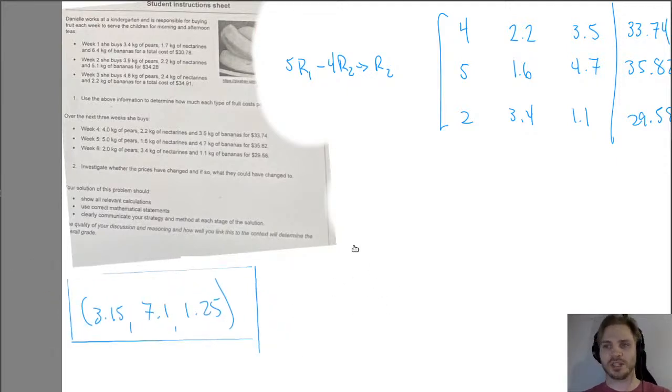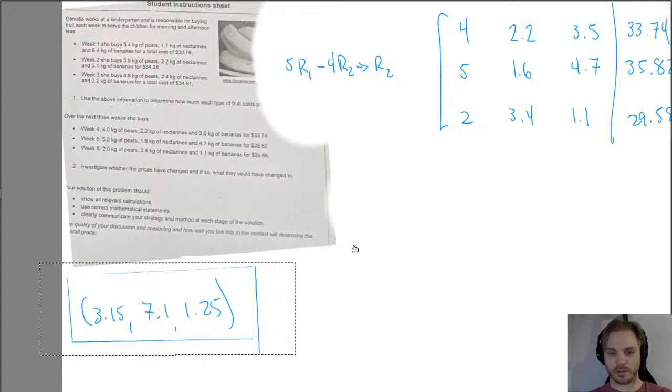I'm just going to test the points and see if it solves the new system. So I'm going to plug this point into each equation. So 3.15 times 4 plus 7.1 times 2.2 plus 1.25 times 3.5, and that equals... this doesn't solve it.